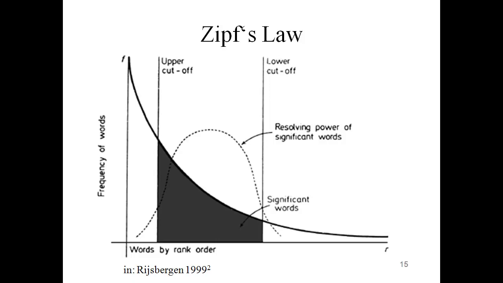So we have a curve like this, as we can see it here, Zipf's law. And we have the words ranked by their order, the frequency of words, just like there. And this is a good chunk for good terms, informative terms. So how can we model something, a metric of informativeness?